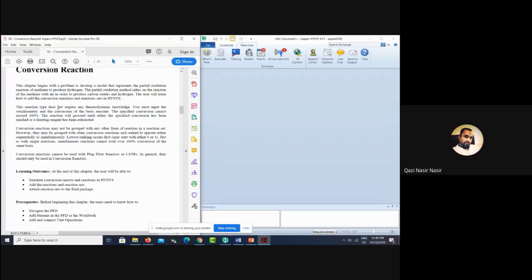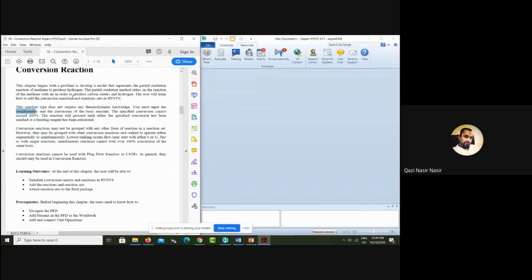This reaction type does not require any thermodynamic knowledge. Particularly for this kind of conversion reaction, you don't need any thermodynamic model knowledge. You must input stoichiometry. Stoichiometry means how many moles of A are entering, how many moles of B are entering, and how many moles of C and D you are producing. So basically you need to understand what stoichiometry is happening.